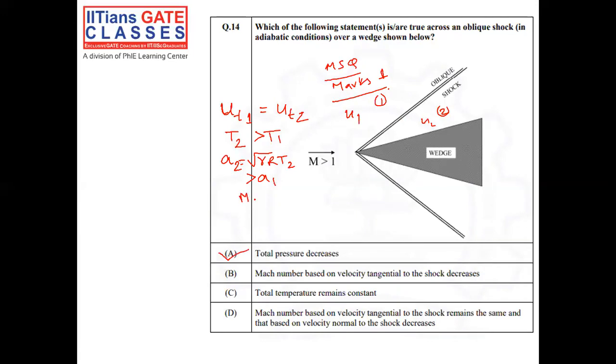So the Mach number, I mean the Mach number which is based on the velocity tangential to the shock, M2 is less than M1, right?